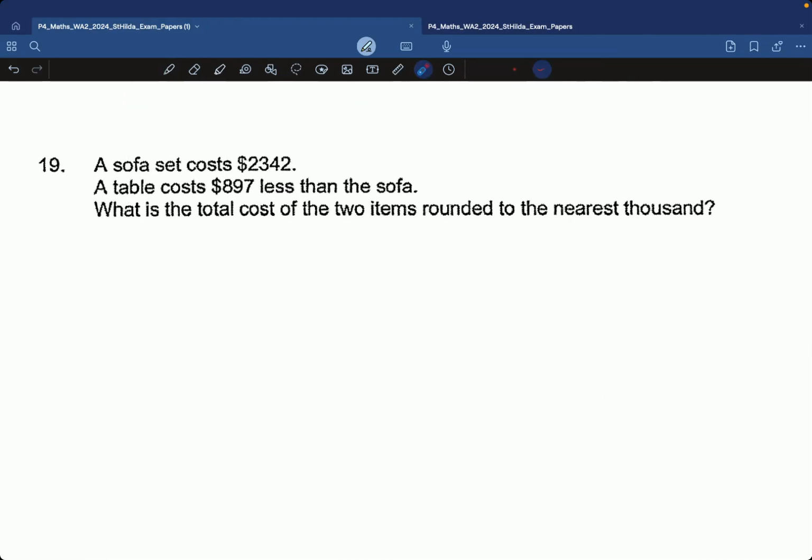A sofa costs $2,342. So I'm going to put sofa, $2,342. Okay, next one. A table costs $897 less than a sofa. So that means the table costs less, right? That means sofa minus $897.